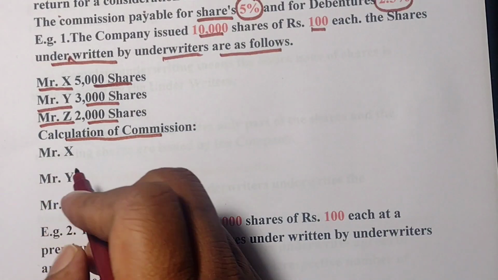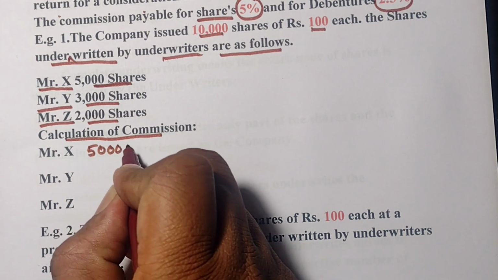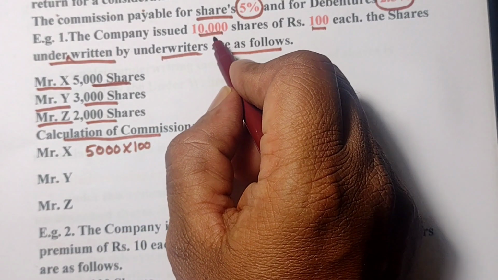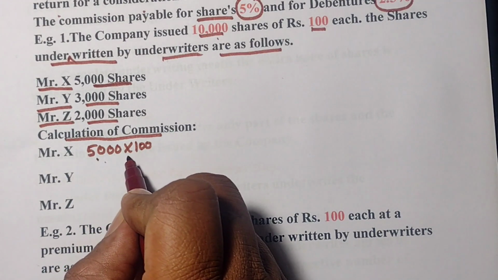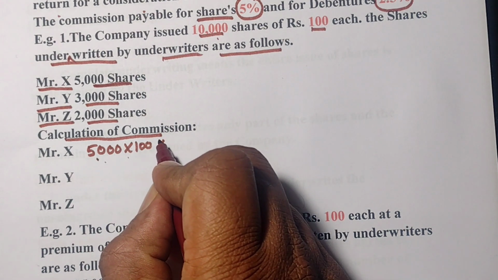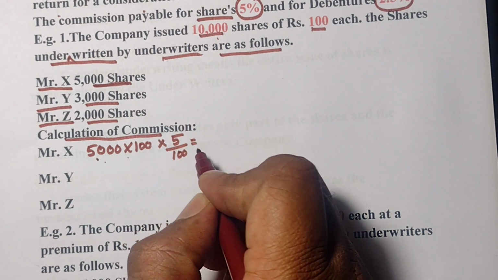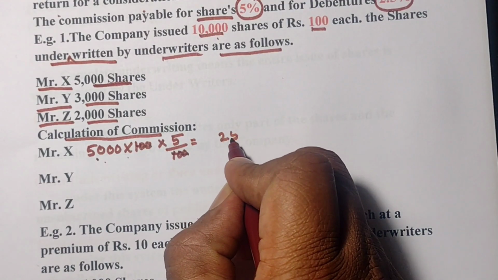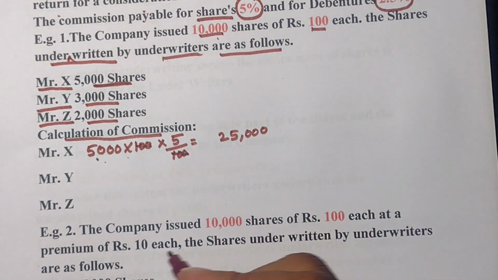For Mr. X, the company issued 10,000 shares and X underwrote 5,000 shares. 5,000 into 100 into 5 by 100. The 100 gets cancelled. 5 fives are 25. So 25,000 rupees is the commission payable to X.